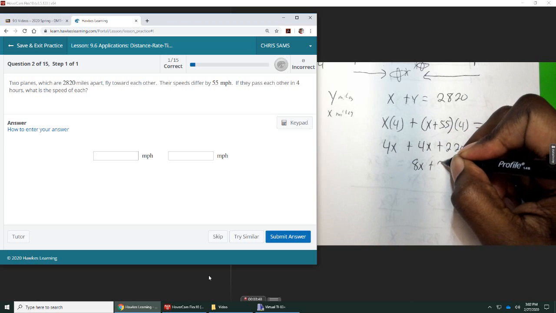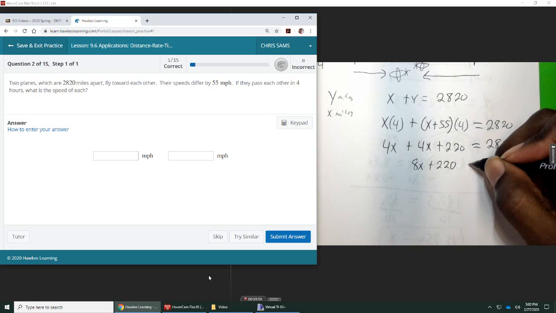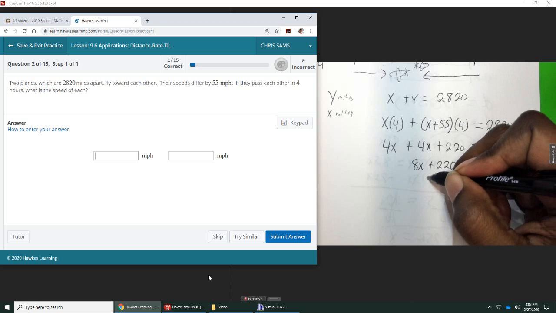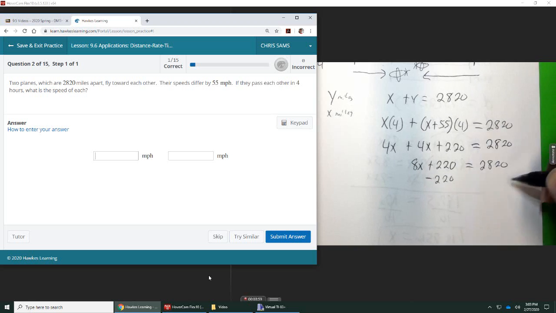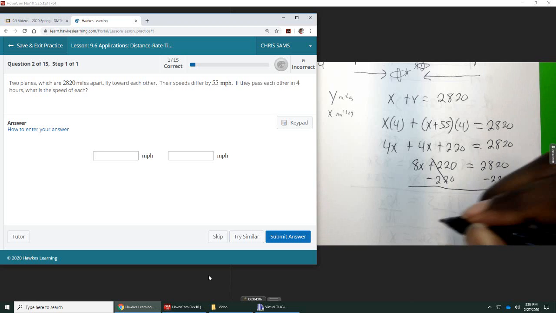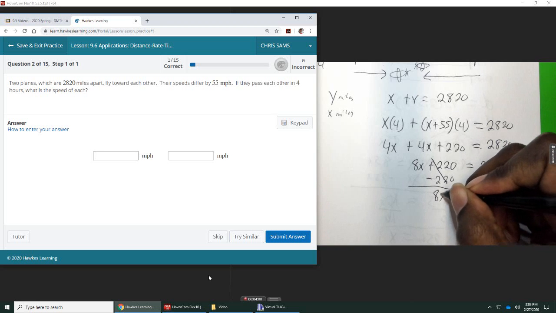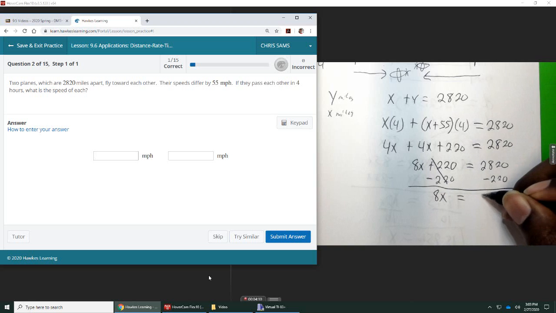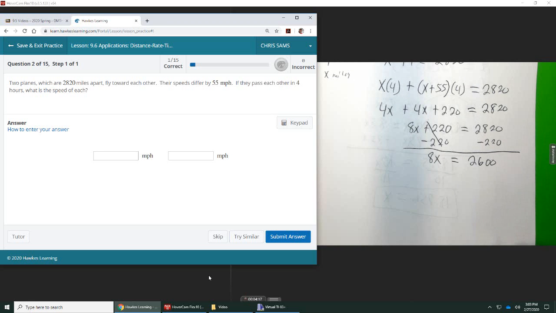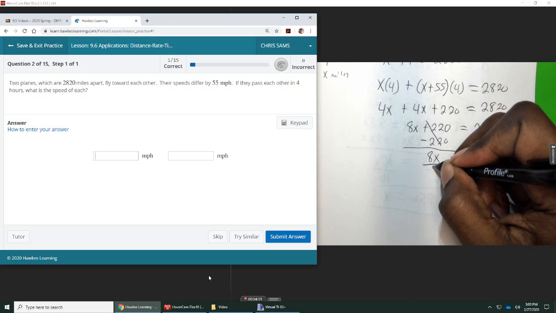Bring down the plus 220, and this equals 2,820. We will subtract 220 from both sides, trying to isolate the x. The 220 cancels. We end up with 8x equals 2,600. And we're going to take the 2,600 and divide by 8.